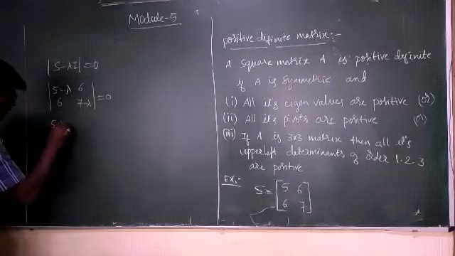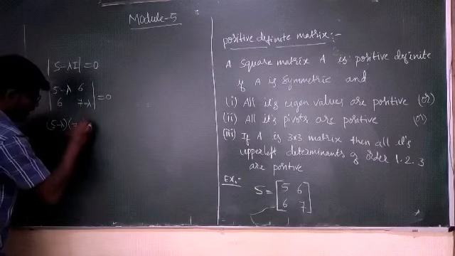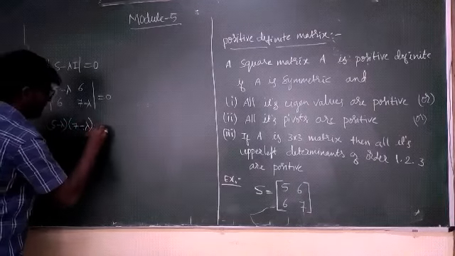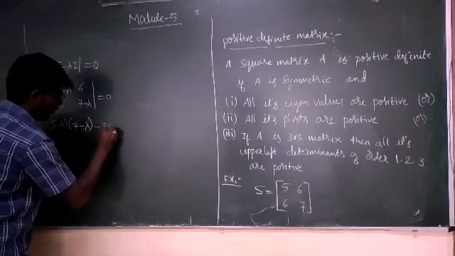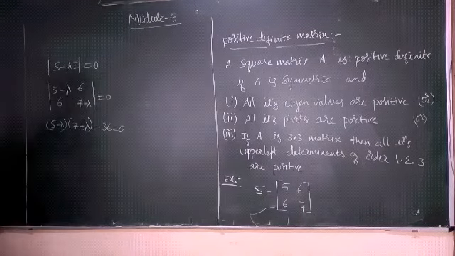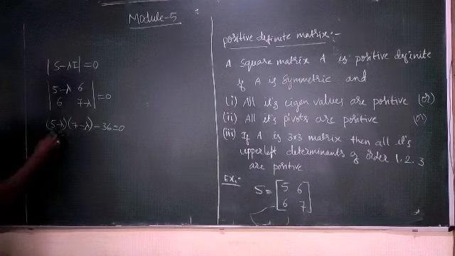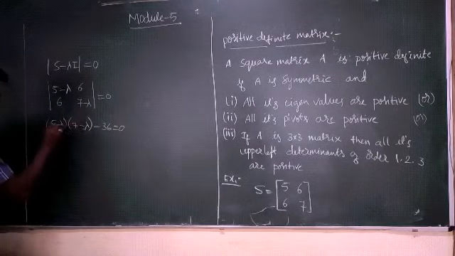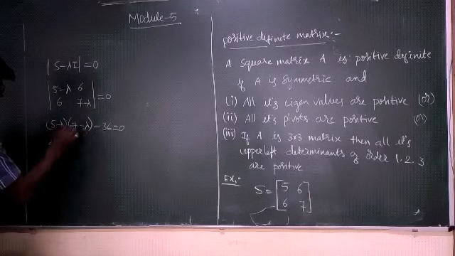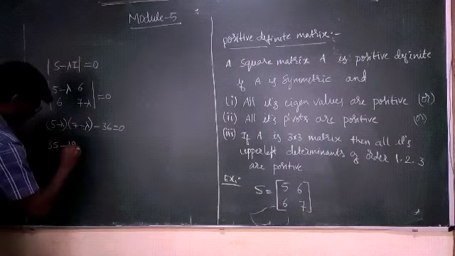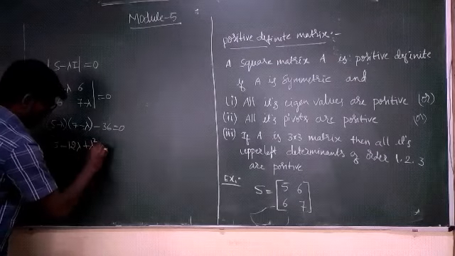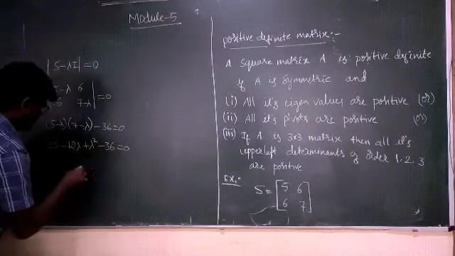So (5 minus lambda) into (7 minus lambda) minus 6 into 6, that is 36, is equal to 0. 5 into 7 is 35, minus 5 lambda minus 7 lambda, that is minus 12 lambda, plus lambda square, minus 36, equal to 0.